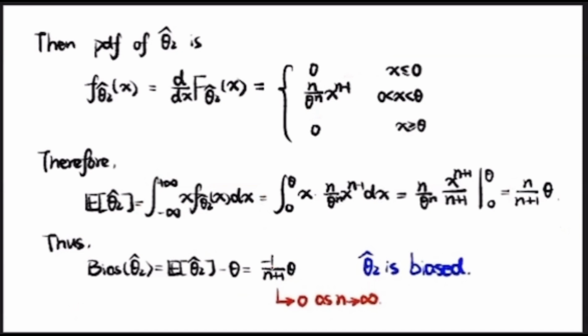Now the conclusion is theta cap 2 is biased. But let me tell you this. If the sample size is extremely large, we expect the bias to be 0.